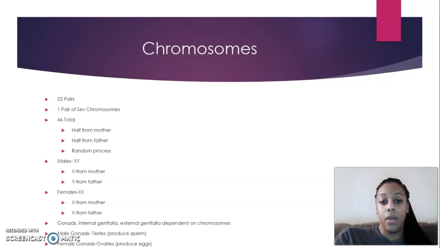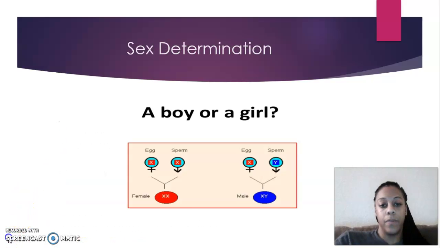Depending on whether it's XY or XX, that will develop gonads, internal genitalia, or external genitalia. For example, in males, the gonads are the testes, which produce sperm, and in females, the gonads are ovaries, which produce eggs.